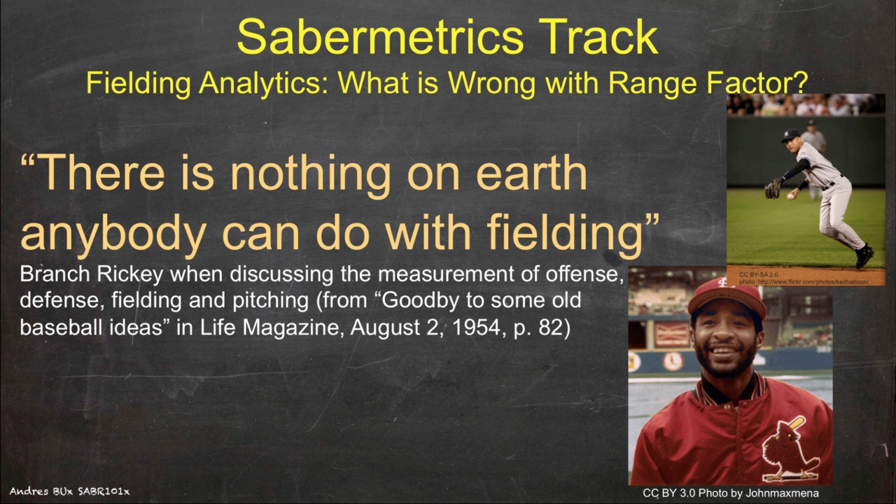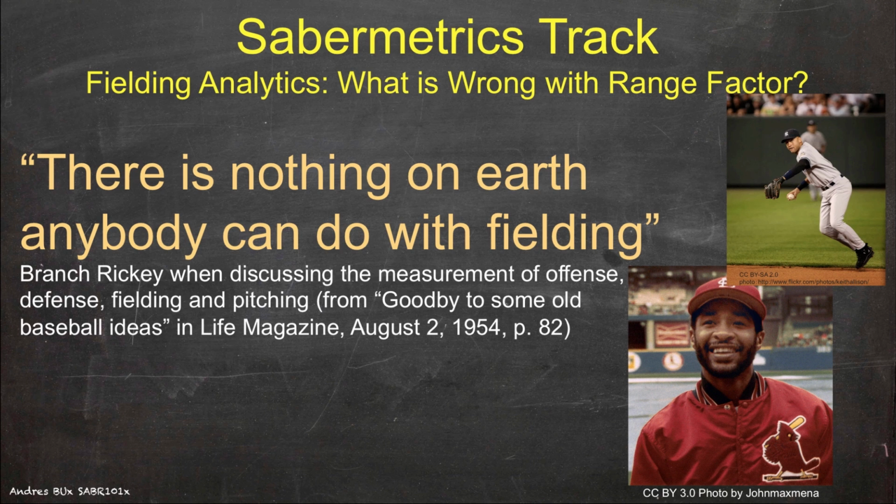So I wanted to show you this quote by Branch Rickey, and he wrote this in 1954. "There is nothing on earth anybody can do with fielding." Now, the context of this quote is he was writing in this article about the measurement of offense, hitting performance, and pitching, and how he enjoyed thinking about those metrics. But he threw his hands up when he considered fielding.